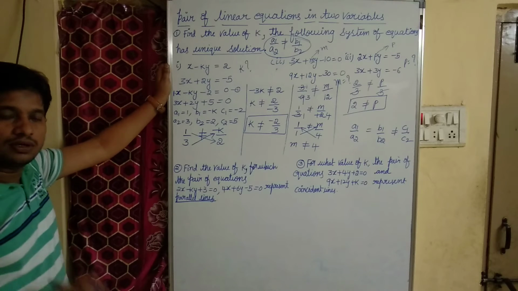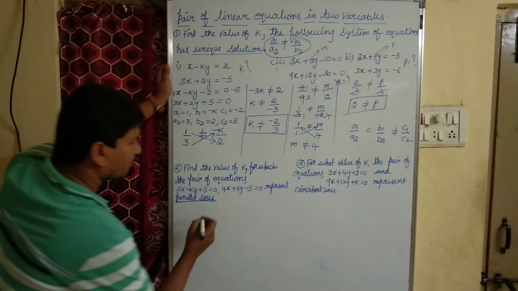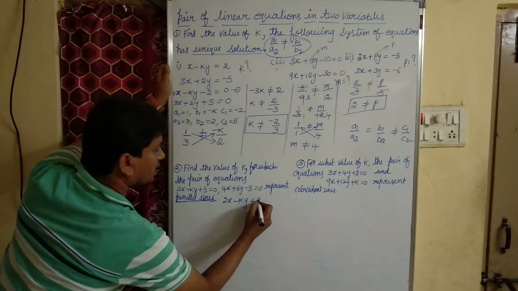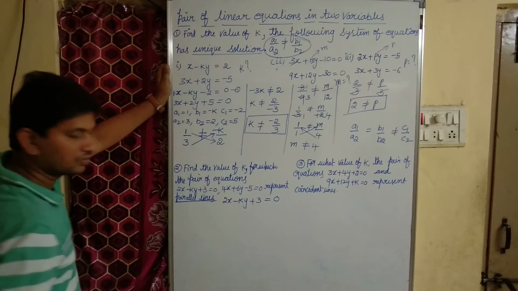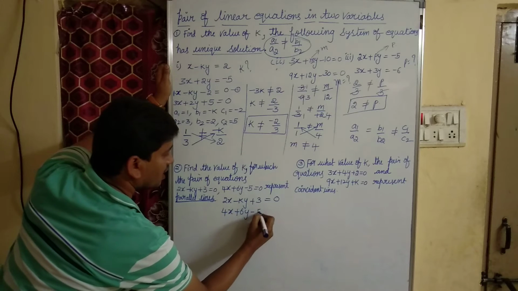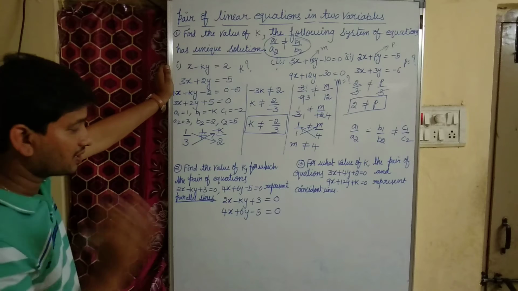That is the condition for parallel lines, right? So here given system of equations are 2x minus ky plus 3 equal to 0, and the second equation is 4x plus 6y minus 5 equal to 0.